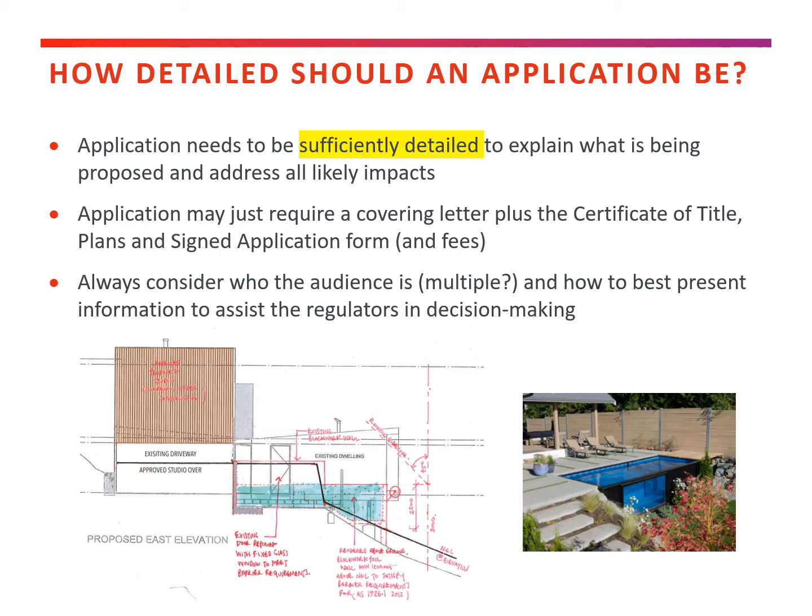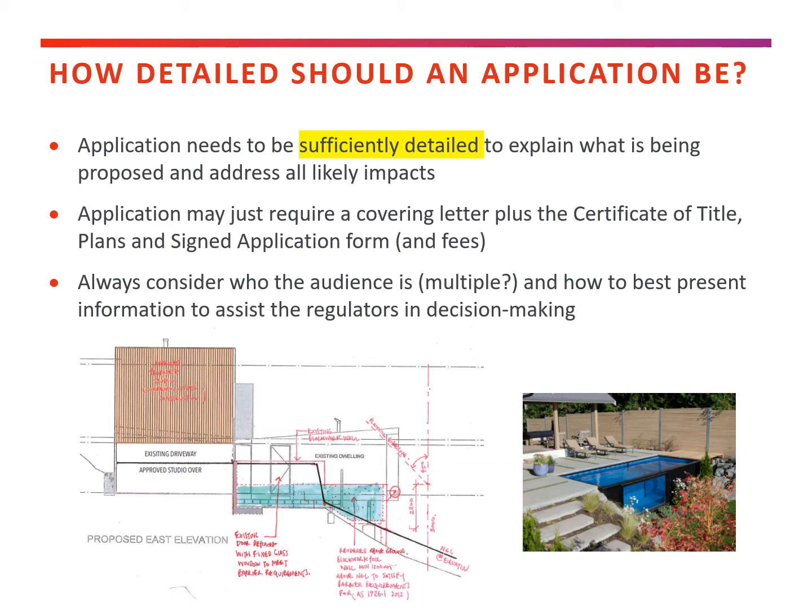It's a swimming pool, and so the plans consist of hand annotated additions to the building plans that were previously approved. So rather than coming up with a set of plans from scratch, or even going back to the architect or the draftsman who's done the plans, the owner has simply hand drawn on the plans, scanned them and submitted them.